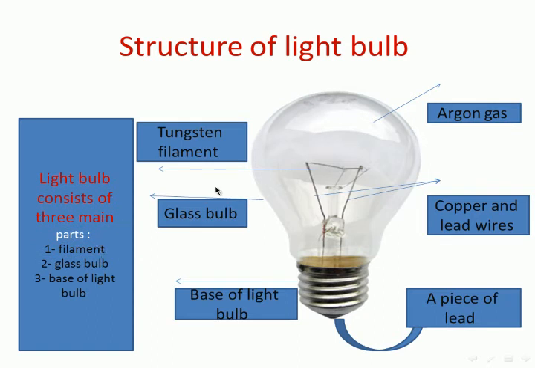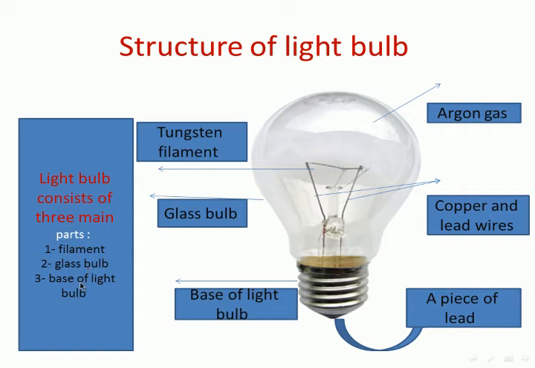So the light bulb consists of a filament made of tungsten, which heats up and glows when electric current passes through it. The glass bulb, a very thin layer of glass filled with argon gas, prevents the bulb from burning and increases its lifetime.